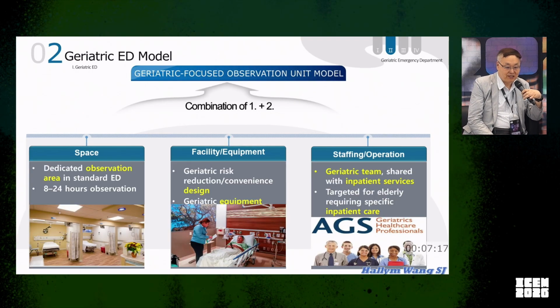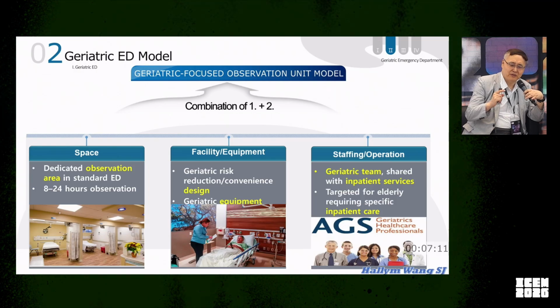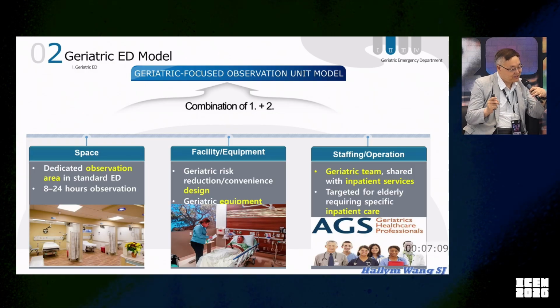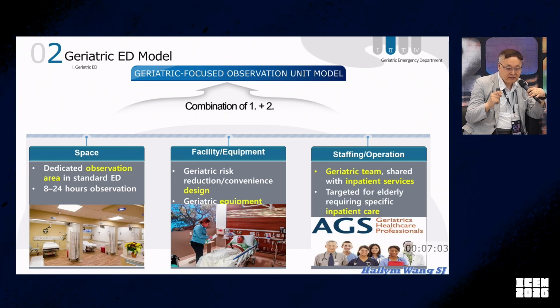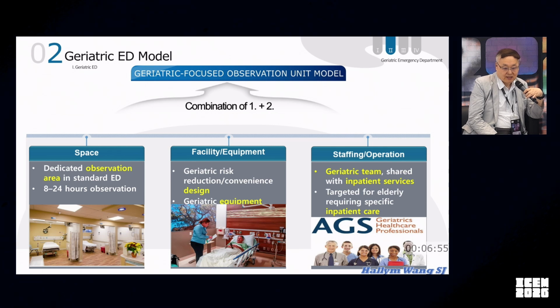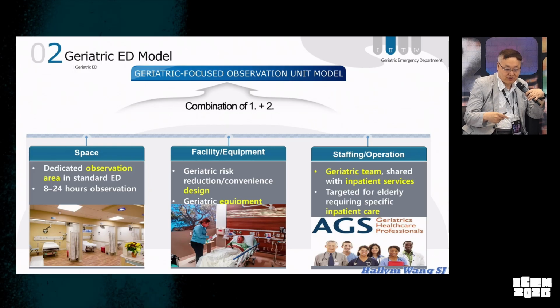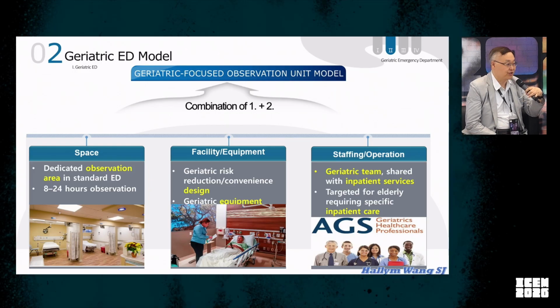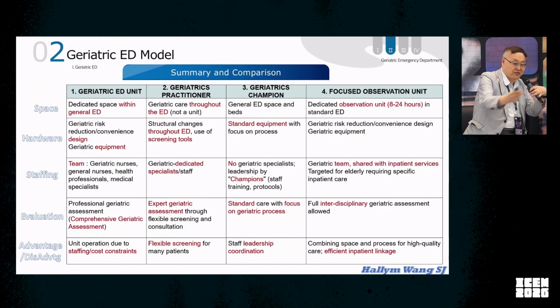The last one is the geriatric-focused observation unit model. It is similar to a combination of the first and second, but it is not just a combination. The space is similar to the first one, but there's an observation unit for less than 1 day. The characteristic for staffing is a geriatric team shared with the inpatient service. Inpatient is important, like the admission. So this is just a summary.